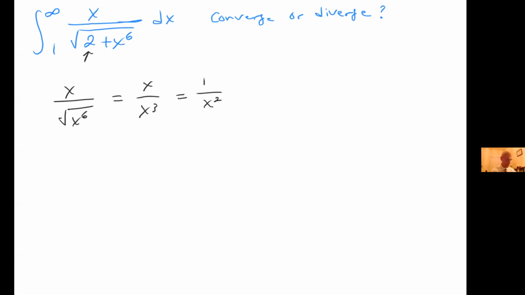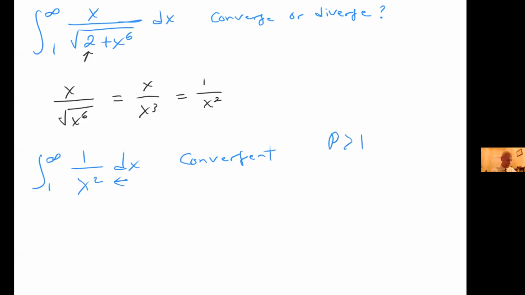So now let me test, I know that the integral from 1 to infinity of 1 over x squared dx is convergent. Why is that? Because of the p-test, so that the power here is greater than 1. Remember that we said that if p is greater than 1, it's convergent.